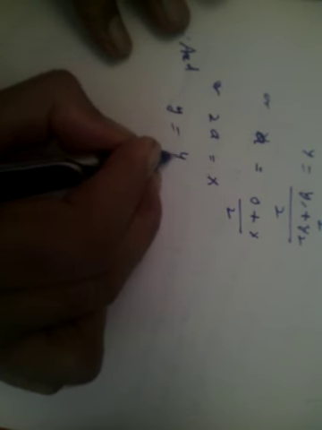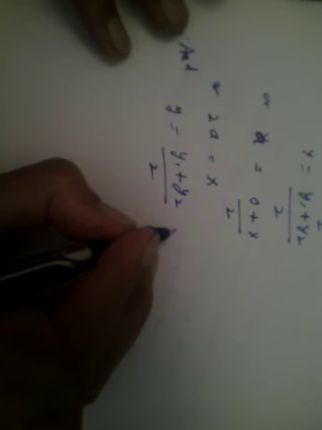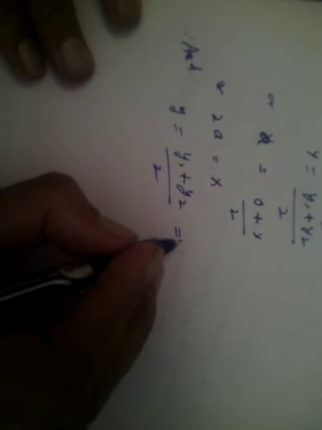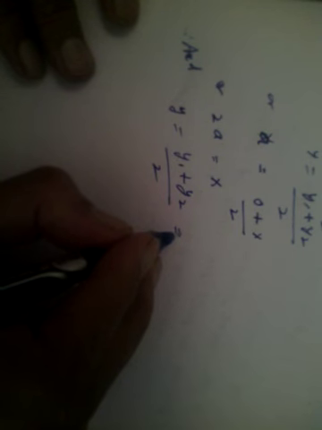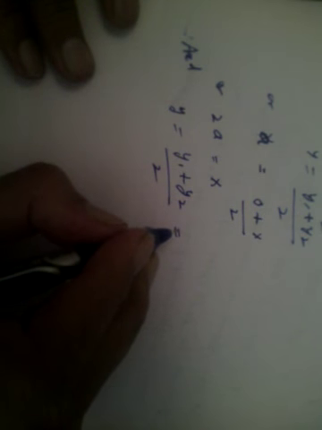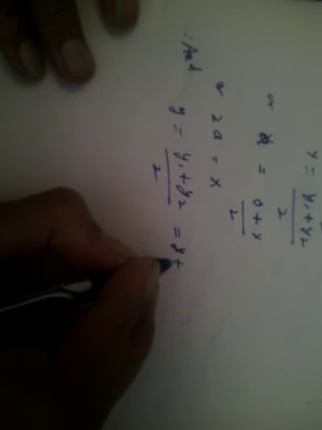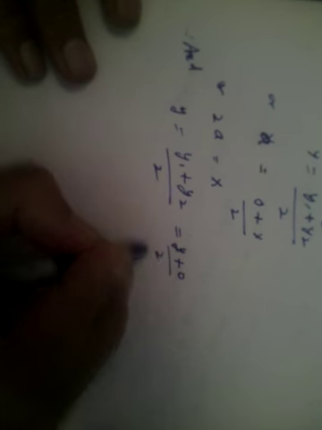And y is nothing but b. b is equal to y1 plus y2 by 2, where y1 is the coordinate of A, that is y, plus y2, the coordinate of B, is 0, by 2.